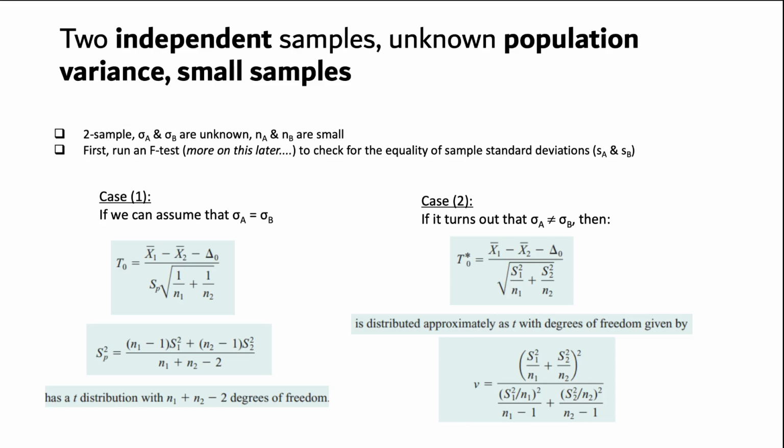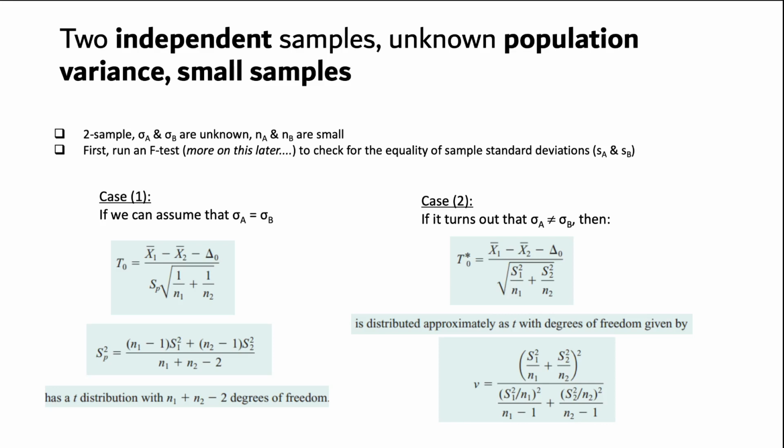We also have V in the bottom right equation. V is the degree of freedom. Another variable is Sp square.